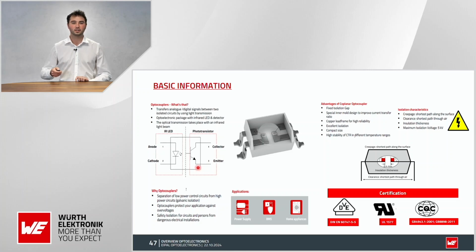And the idea is here, you don't have any light going out, so it's not like this optical sensor, it's just inside of the package. And the important thing is you don't have any electrical connection in between. So this kind of component is really useful if you want to have some insulation between two different circuits.